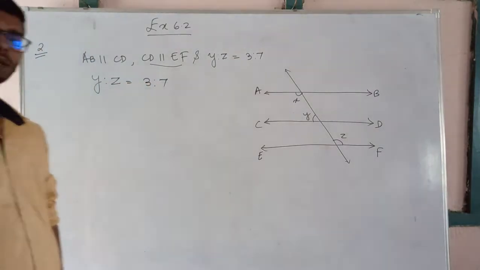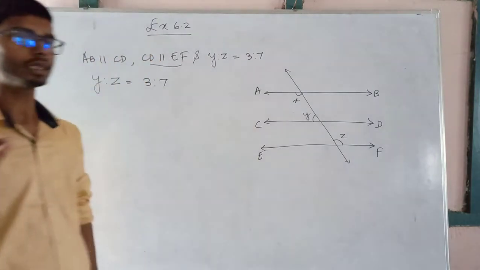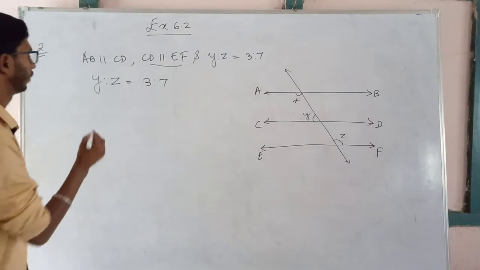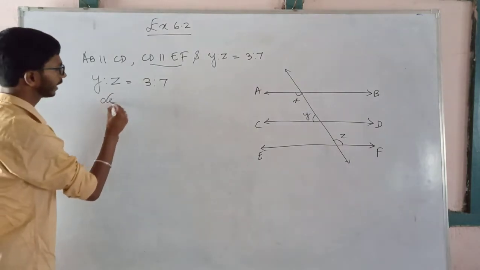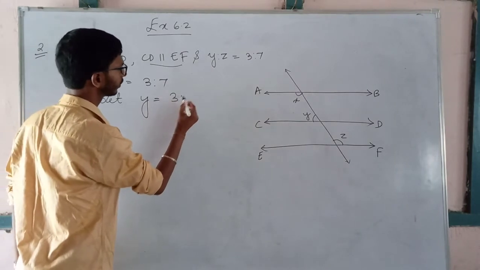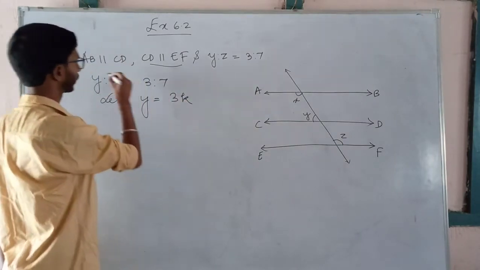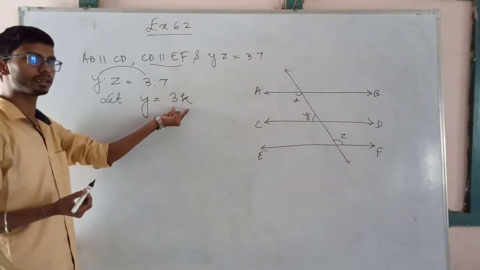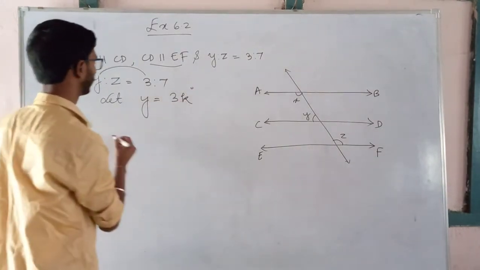I told you earlier in the previous problems, whenever you get some question which contains this ratio, what you have to do, write like this: let y equal to 3k, say suppose k. This is the measure of angle, okay? 3k degree, you can write like this.